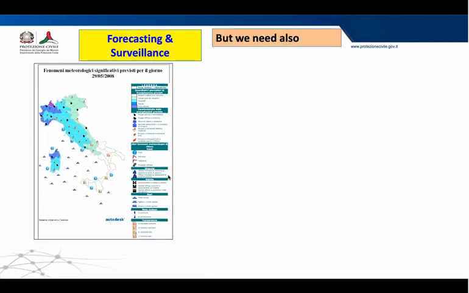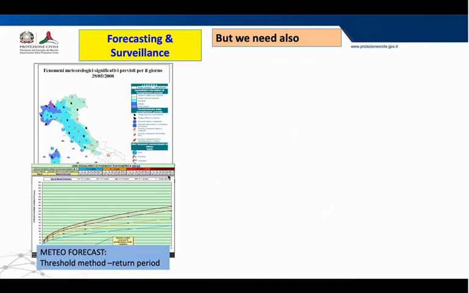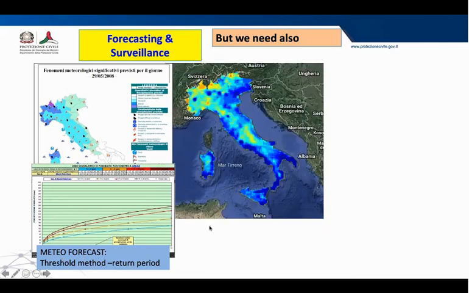But it's not enough to really provide a risk alert and assess the response of the territory if these meteorological events really happen. So we use, as many other European countries do, a method with the return period for each area.